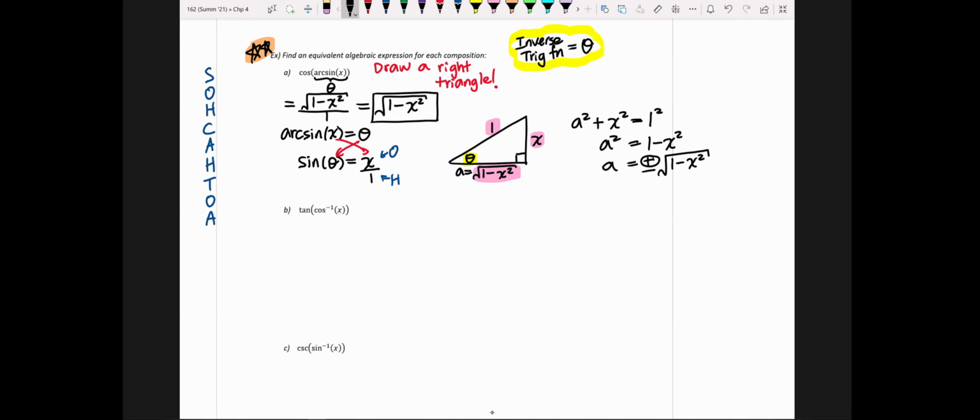So this one, in your breakout rooms, you're going to try B and C in groups. Are there any questions on how we are able to evaluate the composition using the right triangle method?